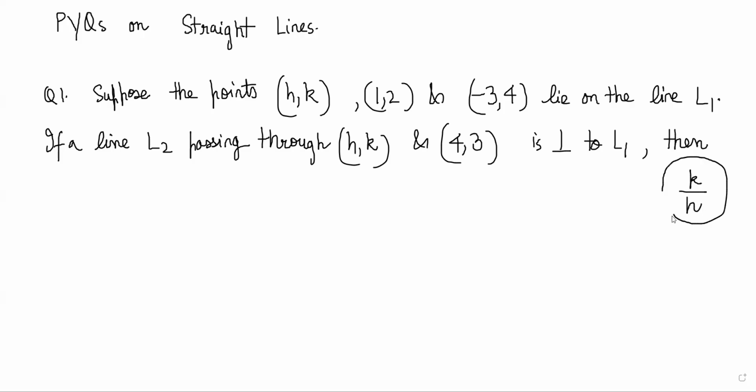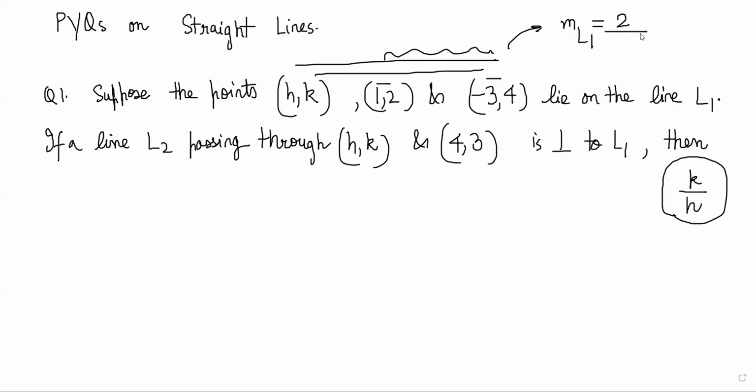So really obvious question. We know that these 3 points lie on the line L1, and we can find the slope of this line by simply doing the slope between this point and this point. So slope of this line L1 is (4 minus 2) by (-3 minus 1), which is minus half. And they have said that this line L2 is perpendicular to L1. So slope of L2 should be plus 2, right?